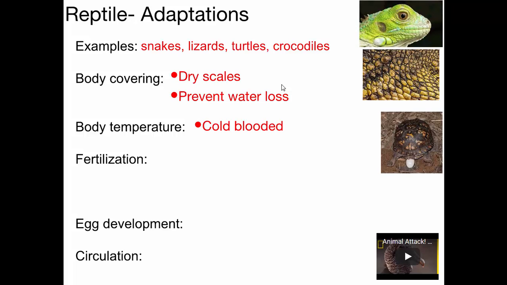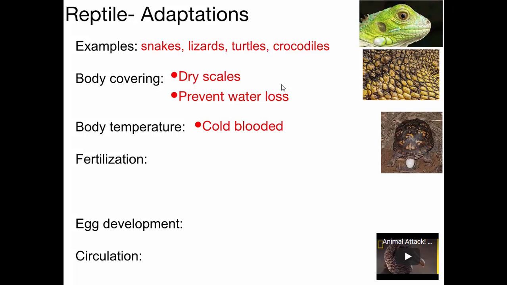Okay. So if you have a pet reptile, or if you go visit reptiles at a zoo, you'll notice that they usually have a heat source in their cage because they can't generate their own body heat. Like all cold-blooded organisms, their body temperature depends on their surroundings. So if their surroundings are cold, their body temperature is going to be low and they're not going to be active.